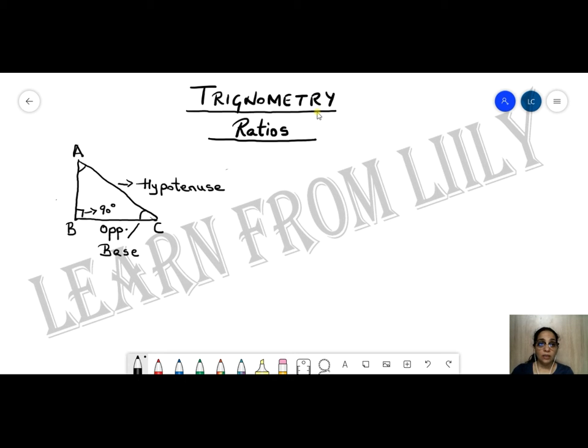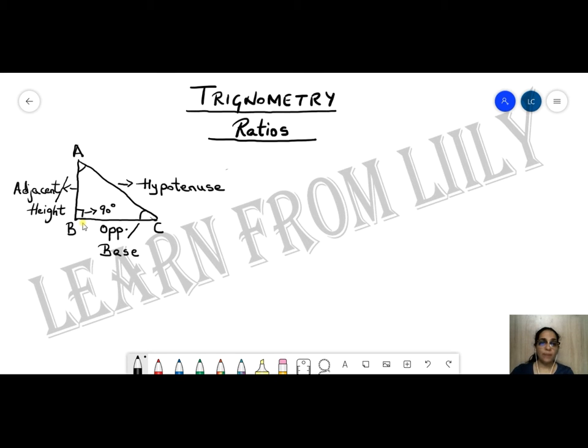And AB will be called the adjacent side of the triangle. Adjacent means next to. Okay. So when a side is lying next to the angle, it is called the adjacent side. Or if I look at the triangle, this is also the height of the triangle.